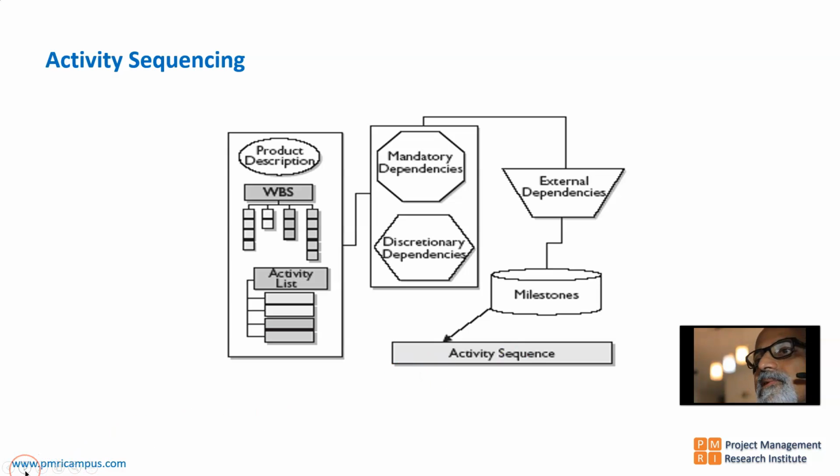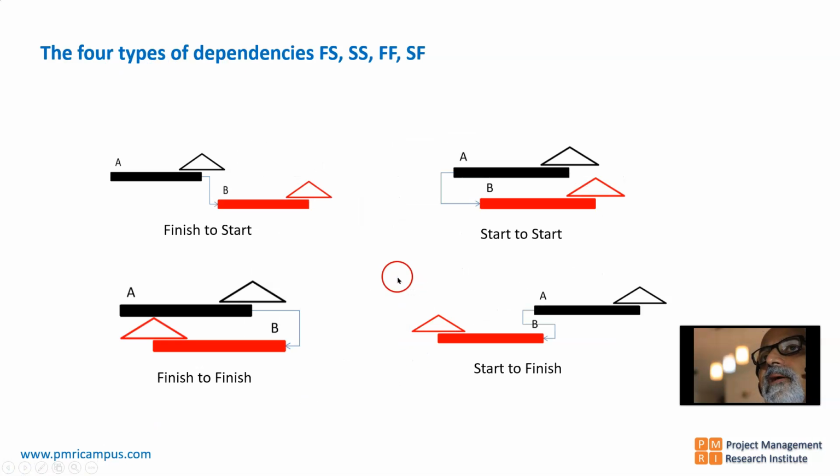Then once this much is completed, the next step is, we discussed dependencies. Now there are 4 types of dependencies between tasks: finish to start, start to start, finish to finish, and start to finish. Finish to start means activity A needs to be completed for me to start activity B. So between A and B there is a finish to start dependency.